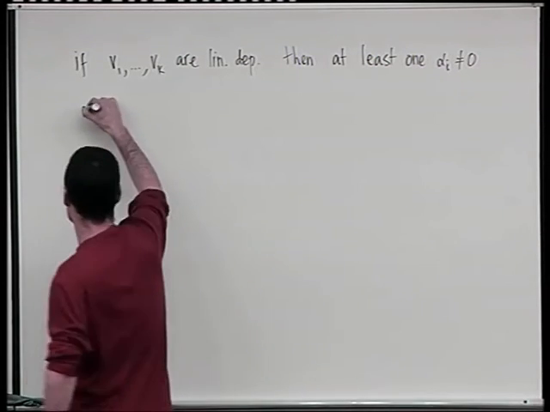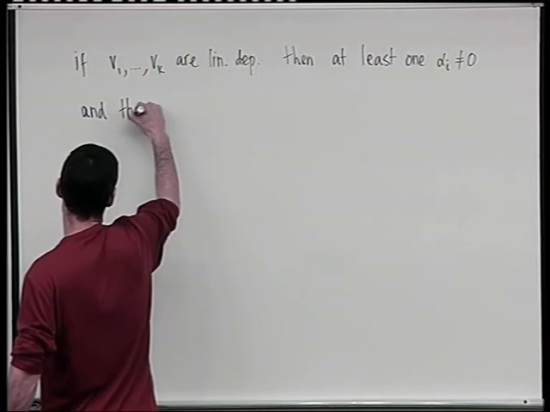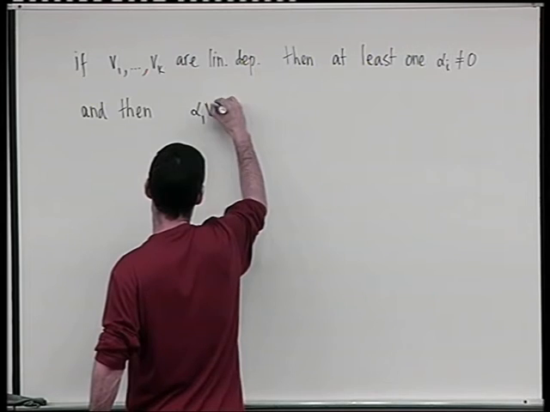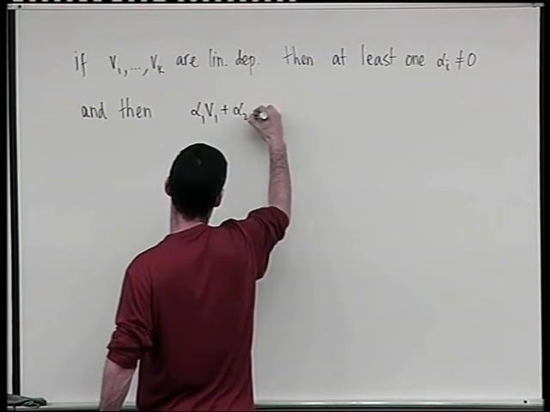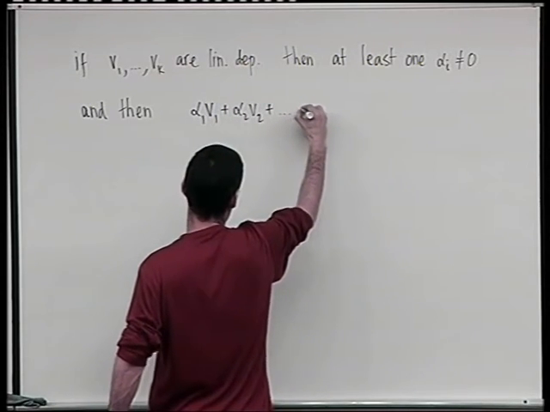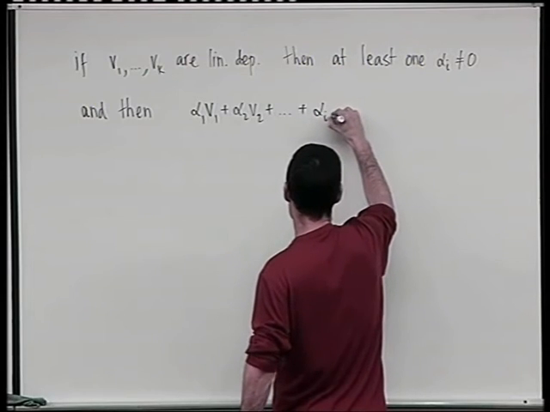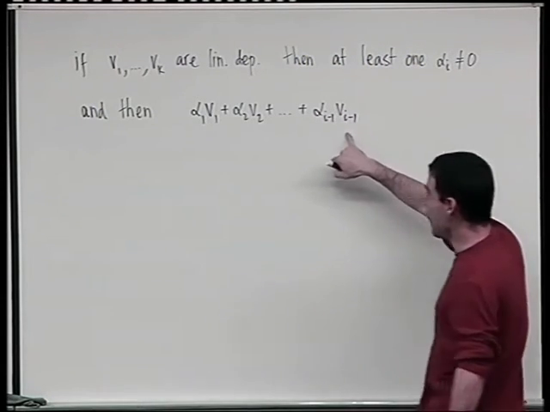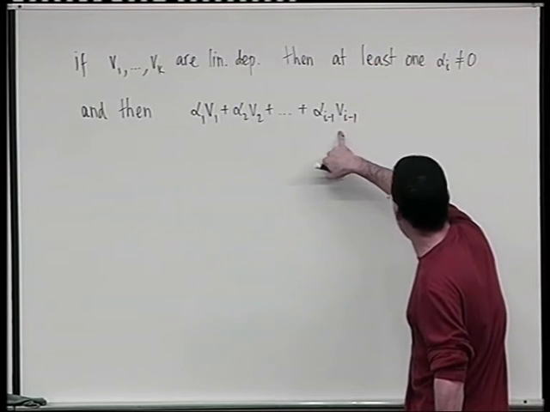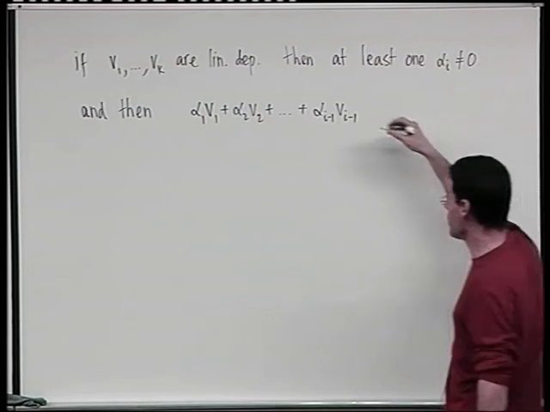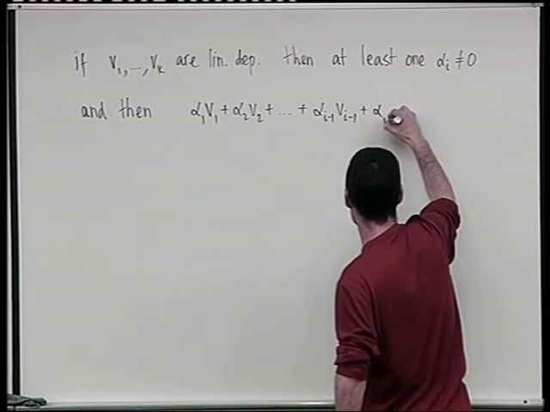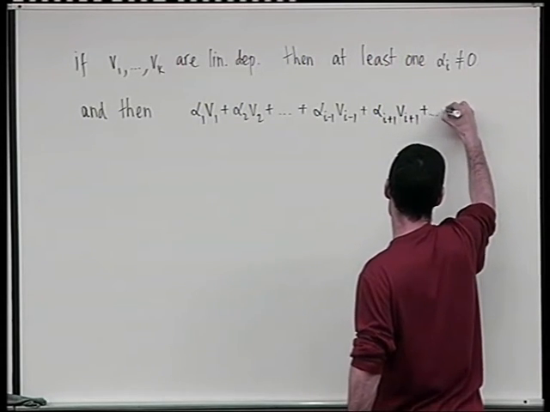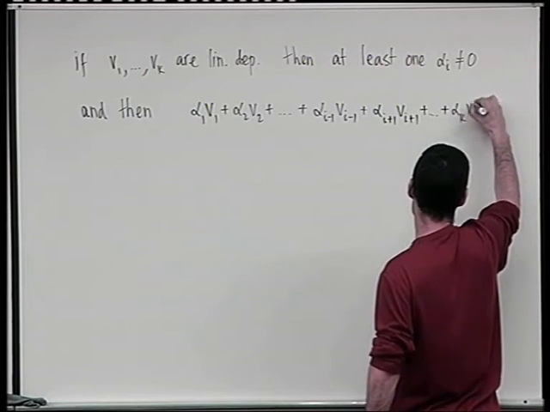And then, just like we did in the example, if we take alpha 1 v1 plus alpha 2 v2 plus ... and here I'm taking alpha i minus 1 v i minus 1, and I'm going to move alpha i vi to the other side. So I'm skipping it and writing alpha i plus 1 v i plus 1 plus ... all the way to alpha k vk.